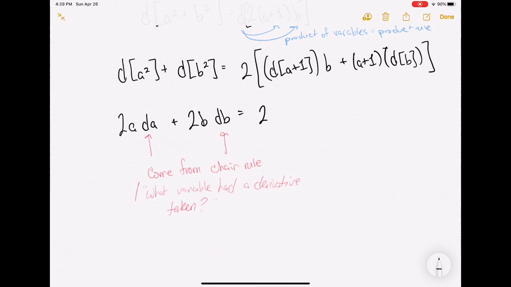Over here on this side, this is really 2 dA plus 1. dA stays as dA. Plus 1 is just a constant, so it goes to 0. And then we multiply by b. Make sure we know that that's separate. And then on the other side, we get plus 2a plus 1 dB.